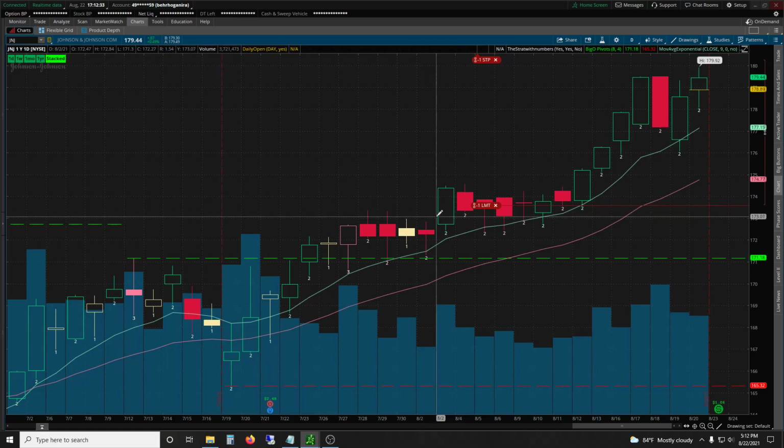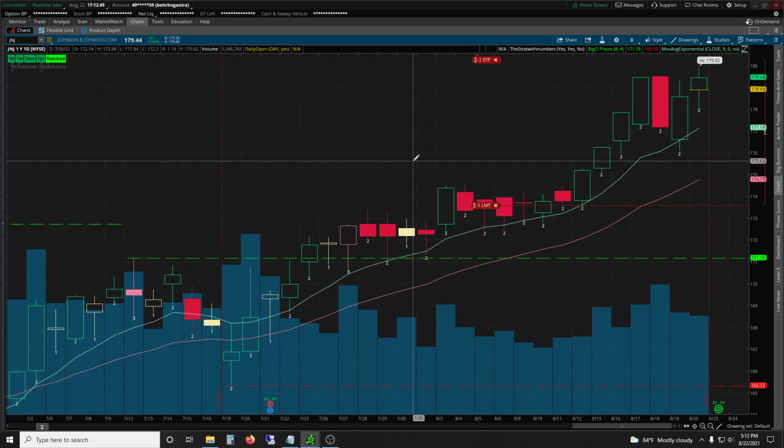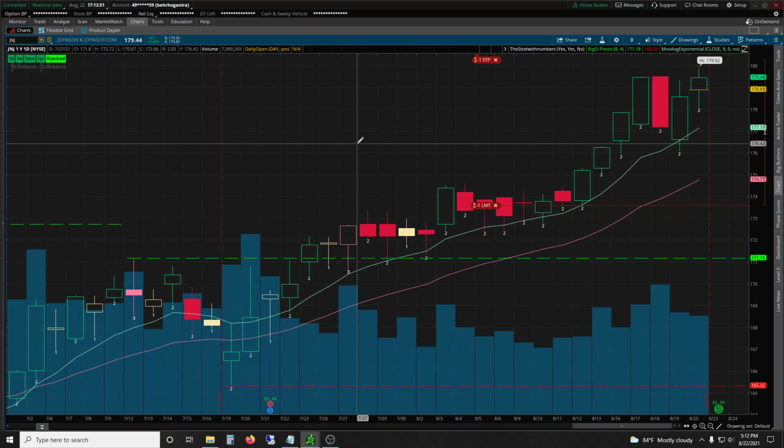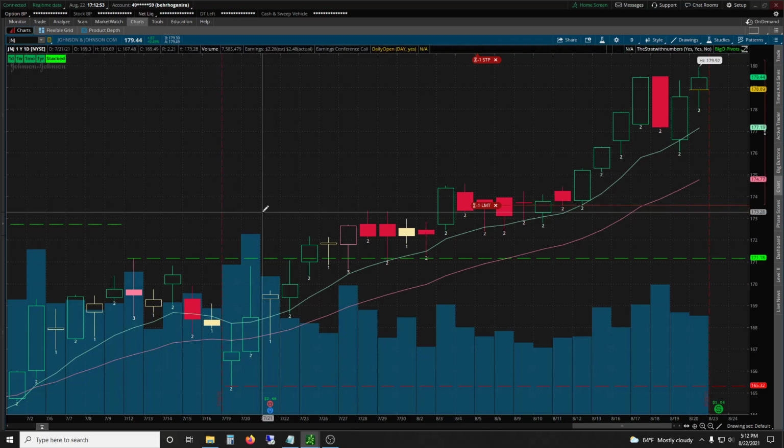Doesn't mean it won't continue to go, but if you have conflicting charts with different time frames, then you may not want to take the chance on something like this. If everything's in agreement, yeah, then you can go ahead and give it a shot. Keep your stops tight.